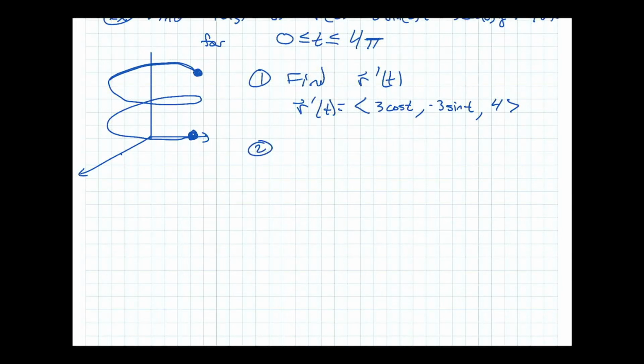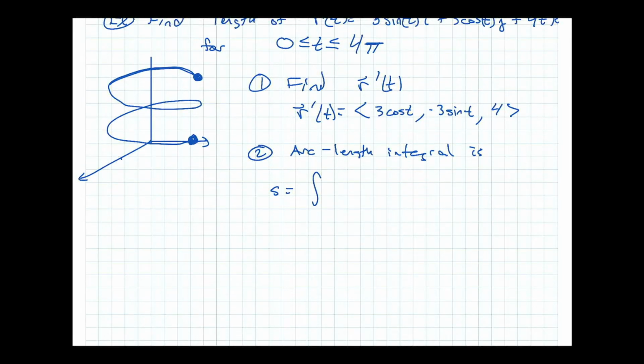And then you know that there's different ways to write it, but your arc length integral is then s equals integral. Our limits of integration are given. They're 0 and 4 pi. And this is going to be the magnitude of this r prime vector, dt.